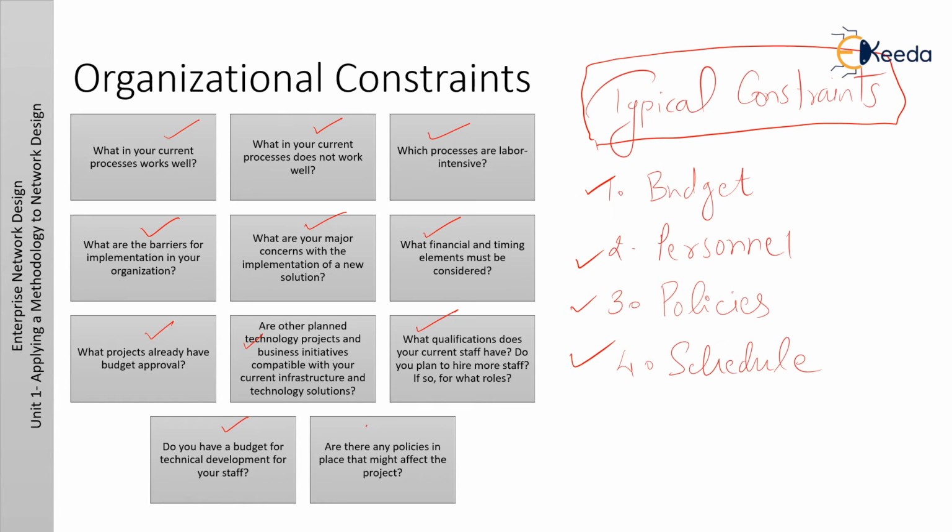So, what is budget? Reduced budgets or limited resources often force network designers to implement an affordable solution rather than the best technical solution. This usually entails some compromises in availability, manageability, performance, and scalability. The budget must include all equipment purchases, software licenses, maintenance agreements, staff training, and so forth.